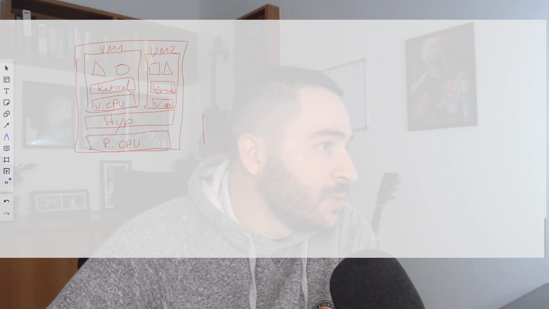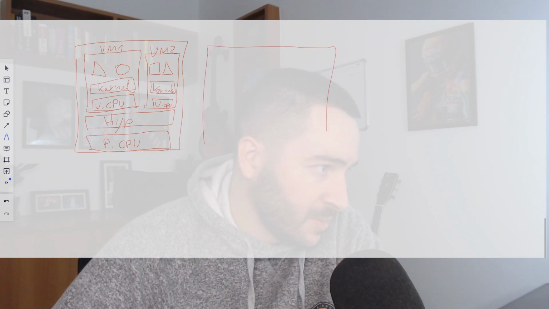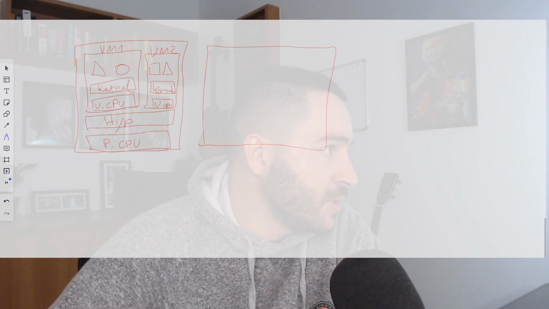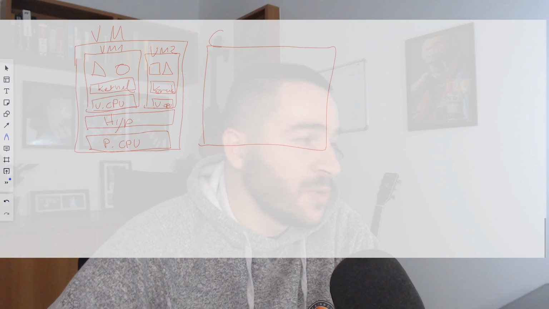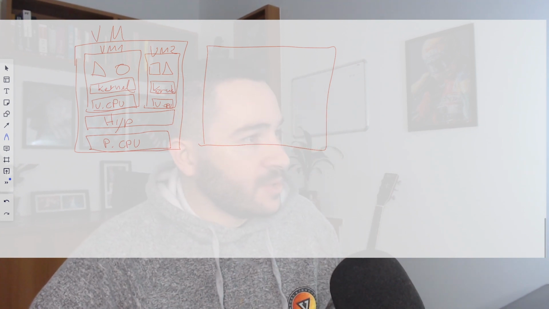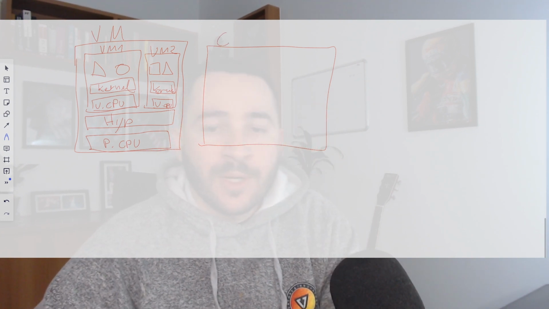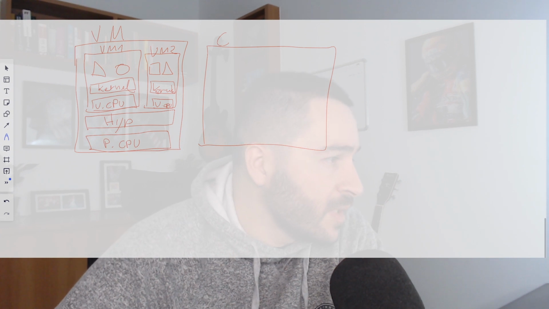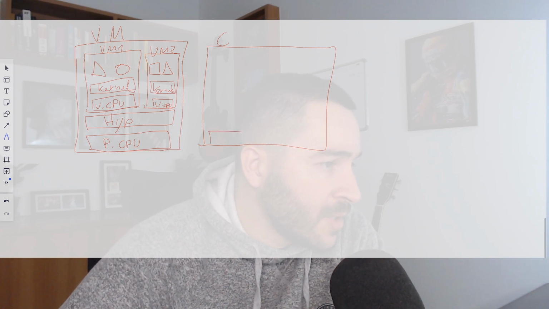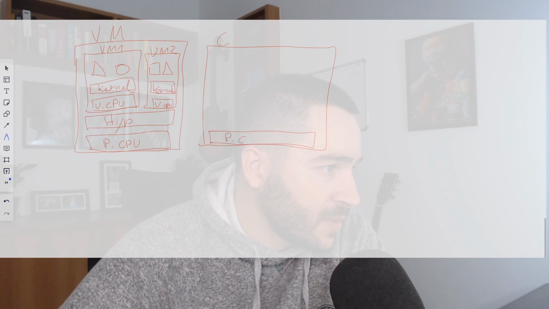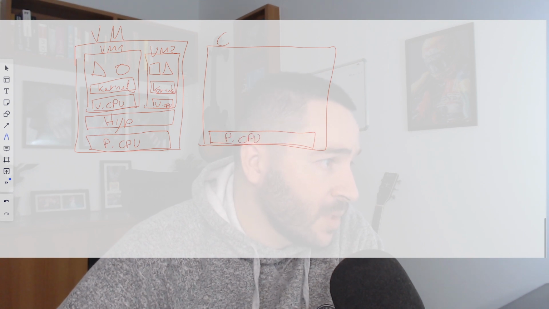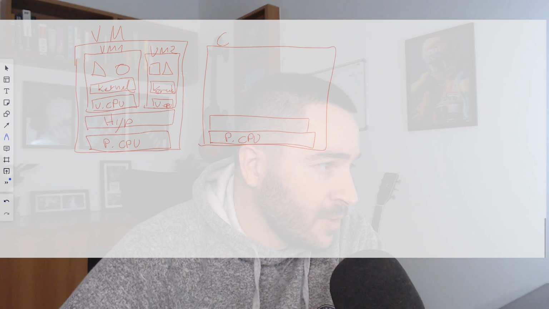If you are using containers, so here is using VMs and here is using containers. Well, the difference is that you have your physical CPU here, and you have your kernel here.